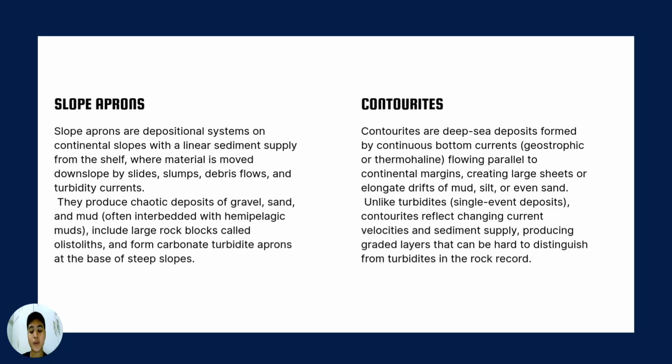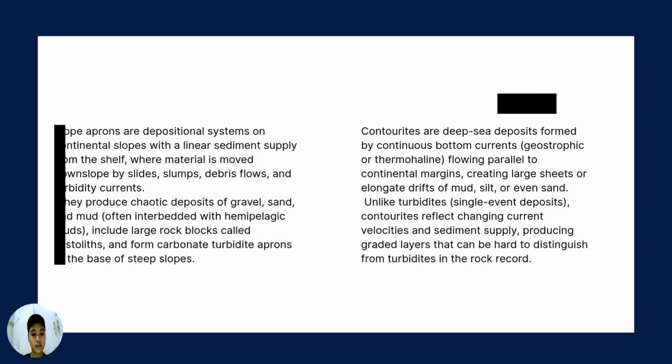Slope aprons happen when sediments slide or flow down the slope in events like landslides and turbidity currents, making messy layers with big rock blocks. Contourites, on the other hand, form slowly from steady bottom currents that flow along the slope, creating smoother layered deposits. Both involve sediment moving along the continental slope, but slope aprons come from sudden events while contourites form from contourite currents.